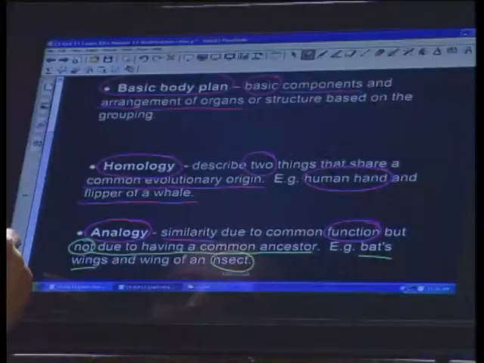And just a quick way to remember it, analogy, they will have the same function, but they don't have a common ancestor. In the case of the homology mentioned previously, they will have a common ancestor, but their functions may be different. So that's an easy way to distinguish between them.